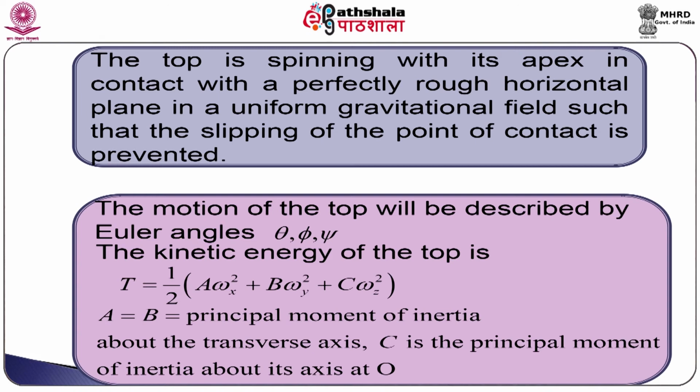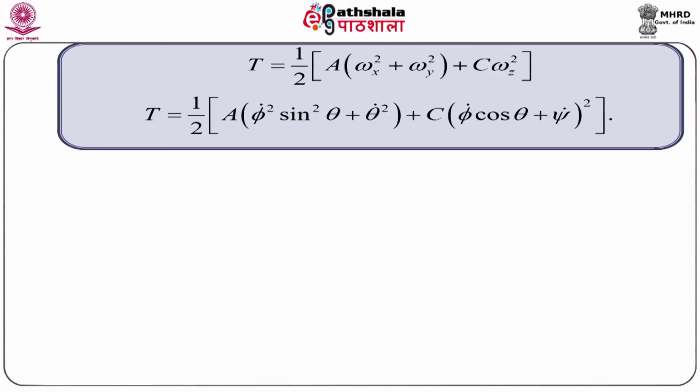As the body is symmetric about the axis, so A equal to B equal to the principal moment of inertia about the transverse axis. C is the principal moment of inertia about its axis at the point O. Therefore, if we put B equal to A, we get this result.